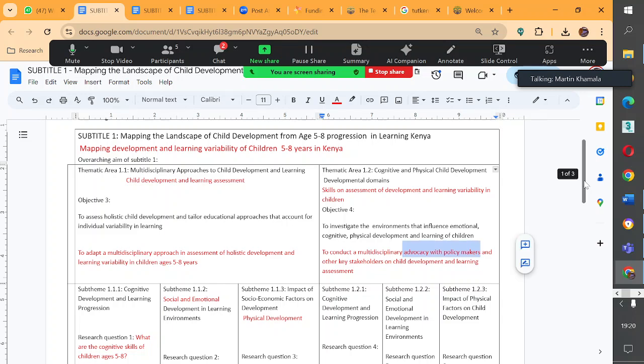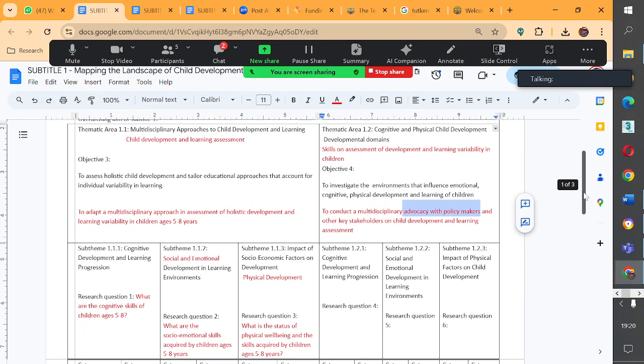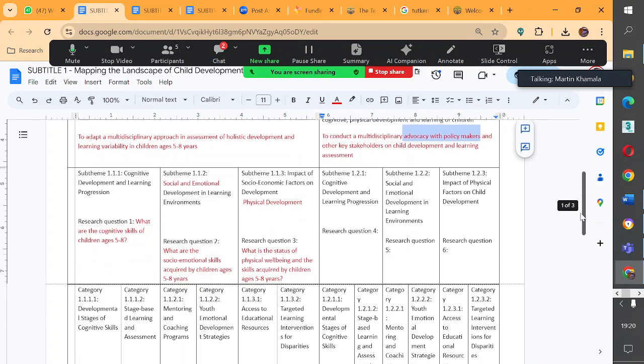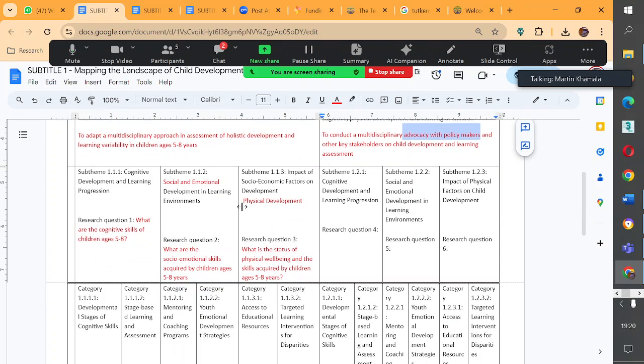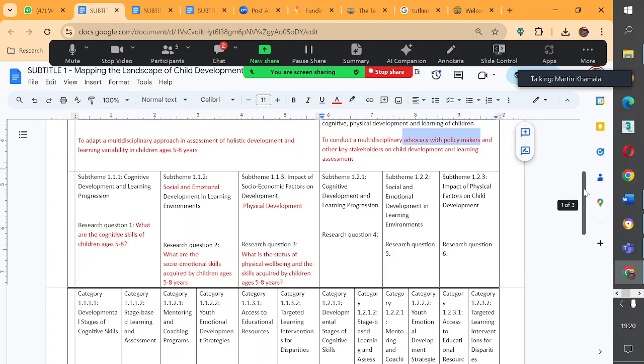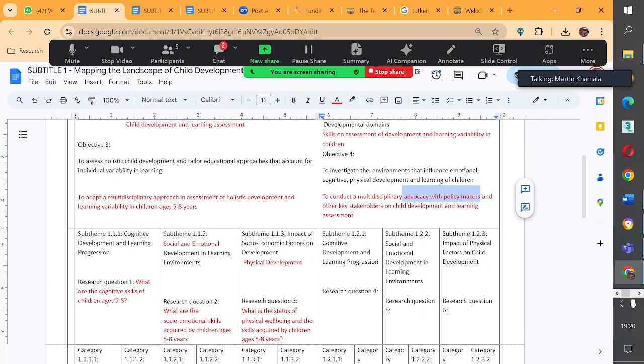So I suppose that's where that has come from. And under each one of these objectives, we have highlighted here 3 different components, which are sub-themes. Each one informs a research question. We have 3 research questions for every thematic area.